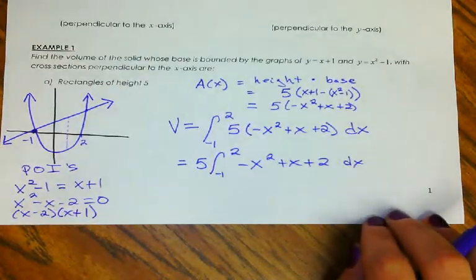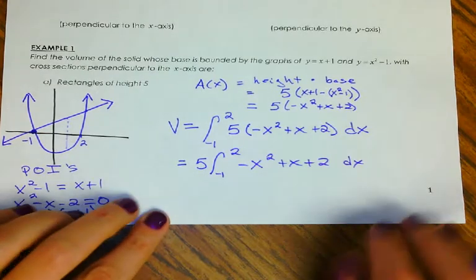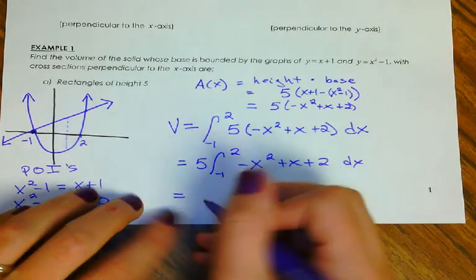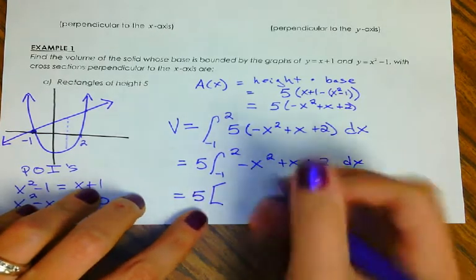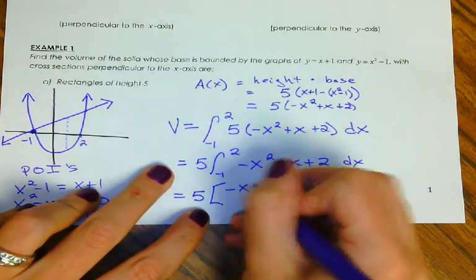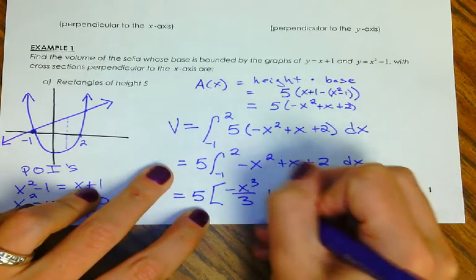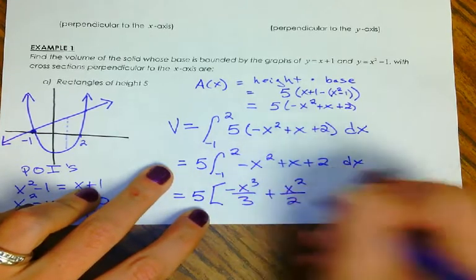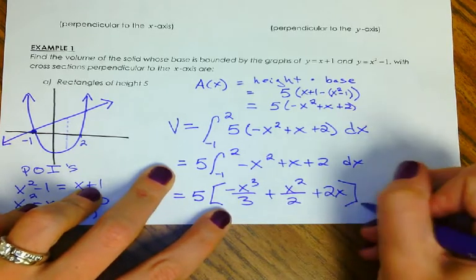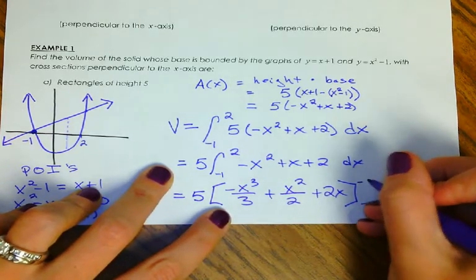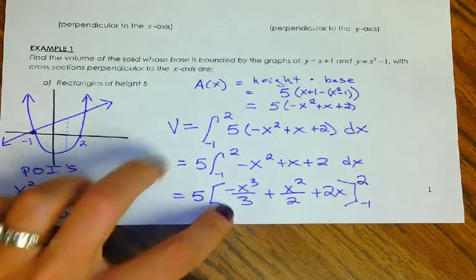We're actually going to integrate now. So add 1 to the exponent, divide by that number. Add 1 to the exponent, divide by that number. So that 5 just comes down, and you get negative x cubed over 3 plus x squared over 2 plus 2x. And we're going to evaluate that from negative 1 to 2.